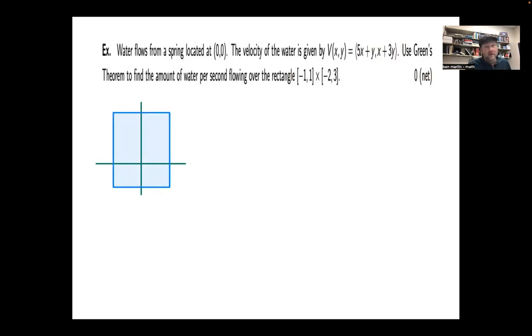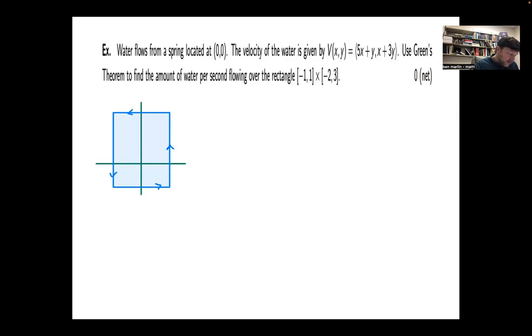I'm just going to ask you to believe me on this. All right. So with regard to the integral going around here, we're thinking about the flow that's going across that.